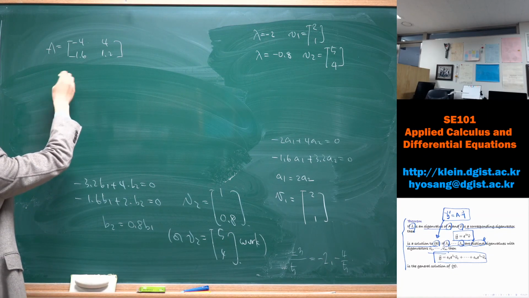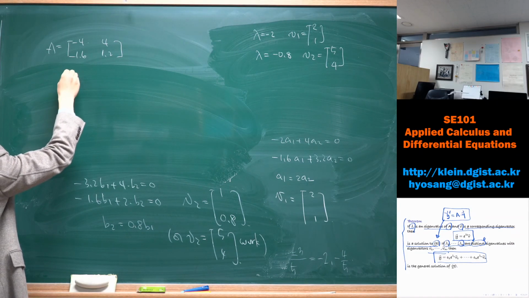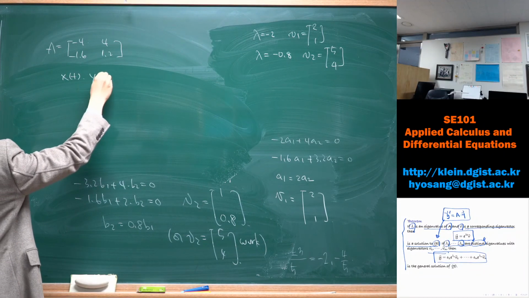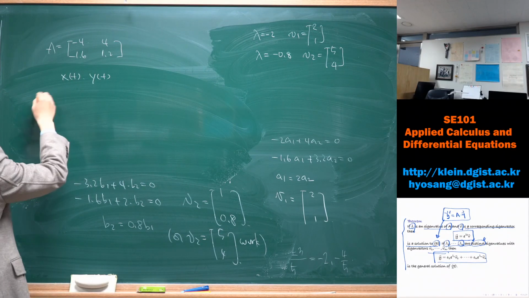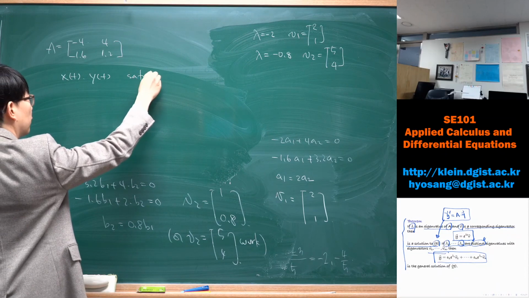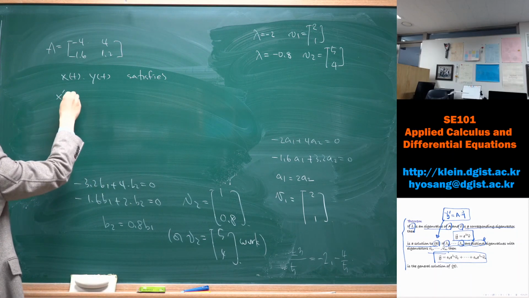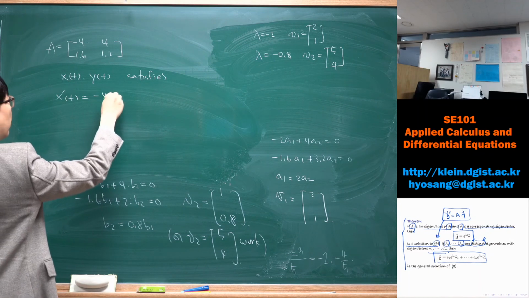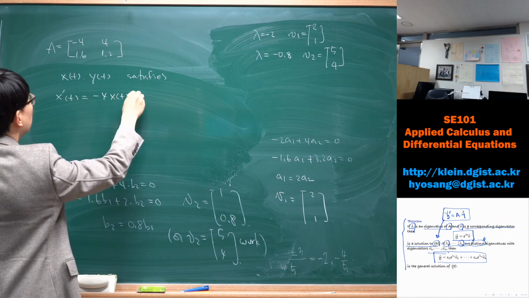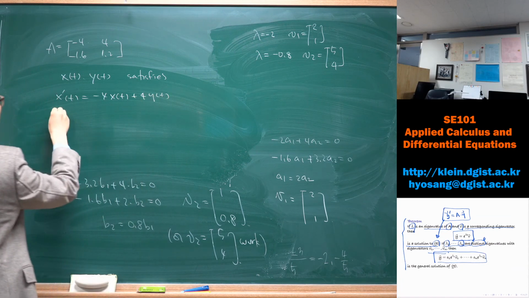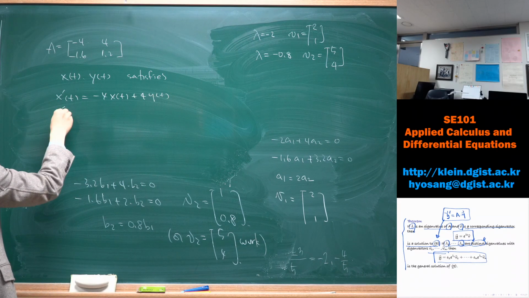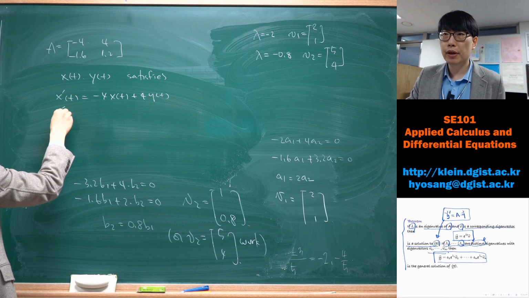Suppose that my x and y are both functions of t, and they satisfy x prime t is minus 4 x t plus 4 y t, and y prime satisfies minus 0.6 x t plus 1.2 y t.